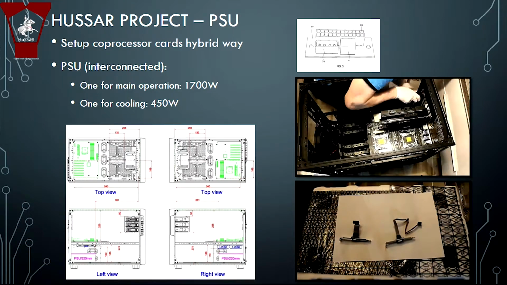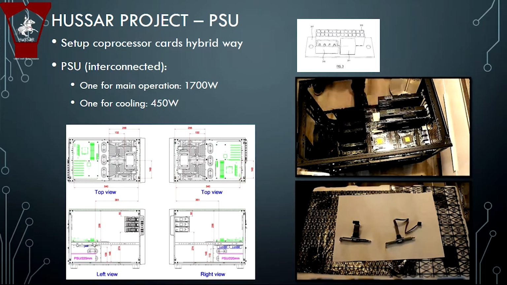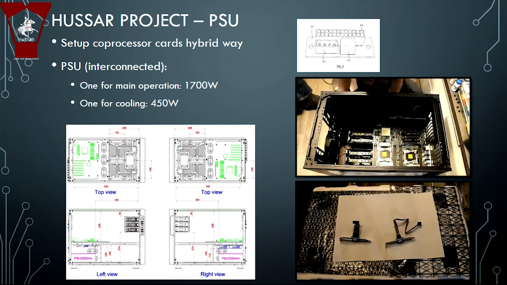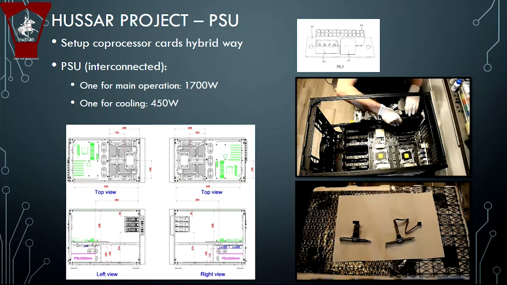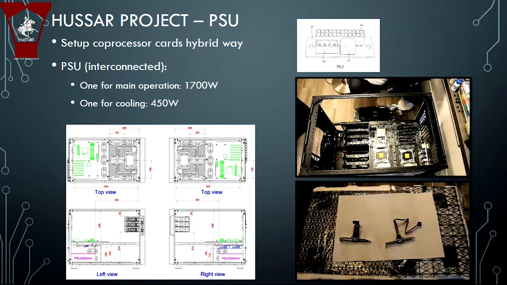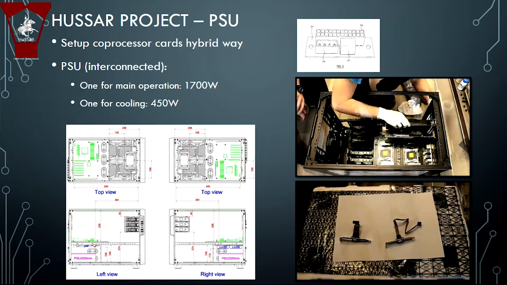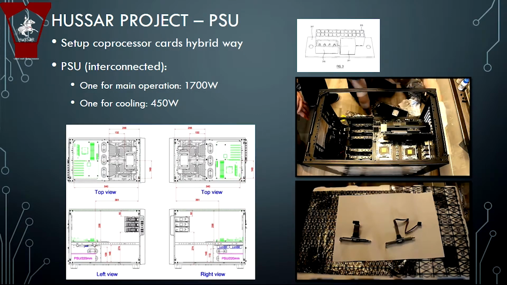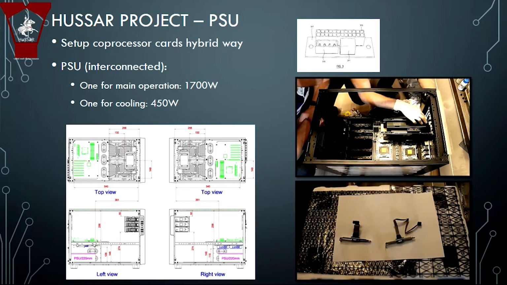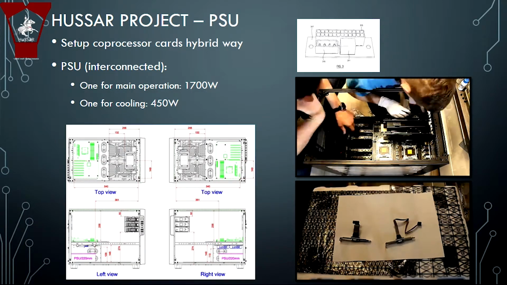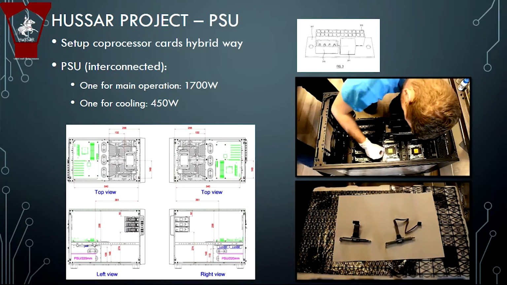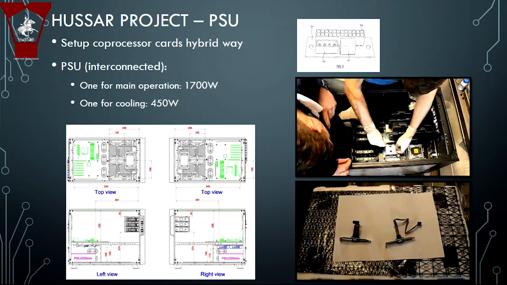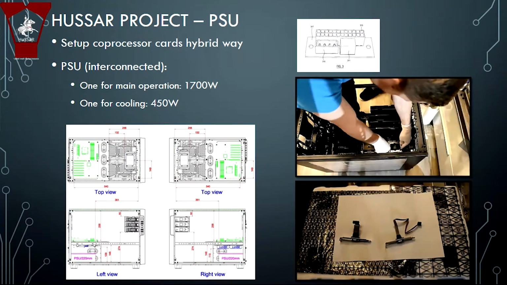Here you can see how the cards are placed in the computers. As I mentioned, all CPUs have all types of cards. The first slot contains the GPU, the second one is the FPGA card, and so on. Because of the big size of the cooling components, there are some extra modifications on cables.